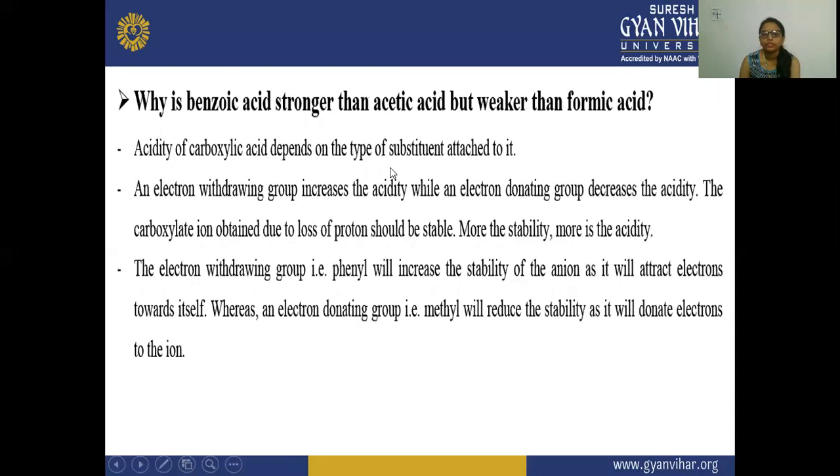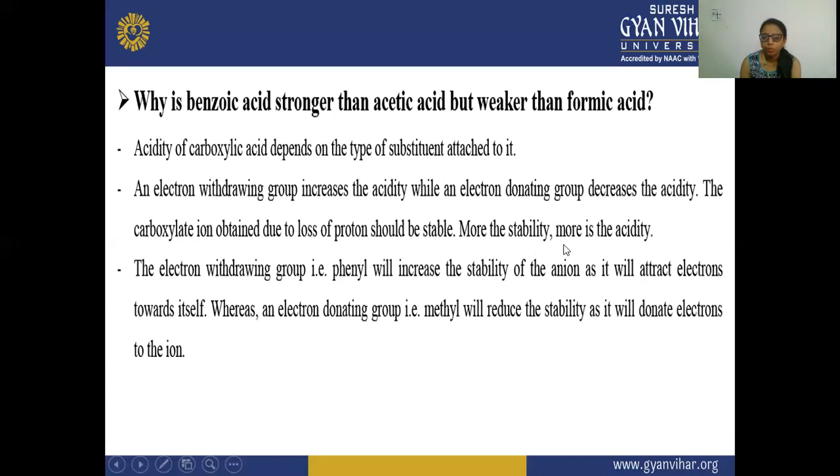Next, why is benzoic acid stronger than acetic acid but weaker than formic acid? The acidity of a carboxylic acid depends on the type of substituent attached to it. An electron withdrawing group increases the acidity, while an electron donating group decreases the acidity. The carboxylate ion obtained due to loss of the proton should be stable.